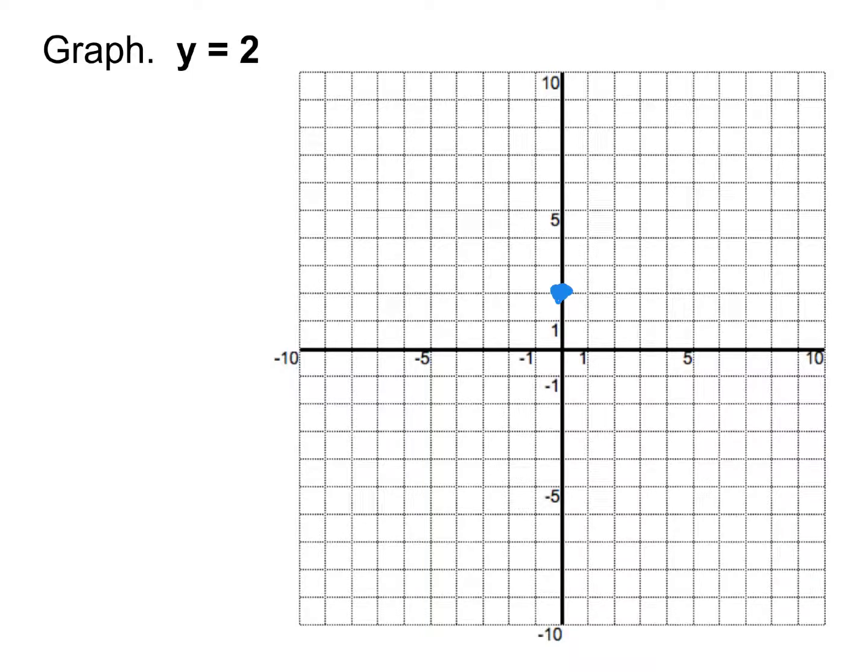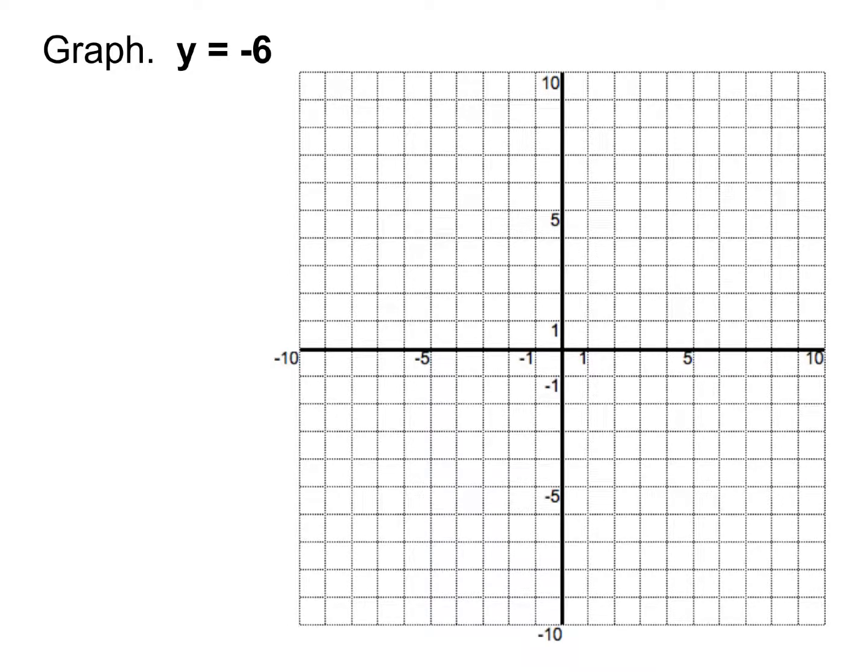If the x-coordinate was 1 and y was 2, it'd be there. If the x-coordinate was 2 and y was 2, it'd be there. If the x-coordinate was 3 and the y equaled 2, it'd be there. So notice which way this line is going. It is a horizontal line passing through 2. Basically a line at a height of 2.